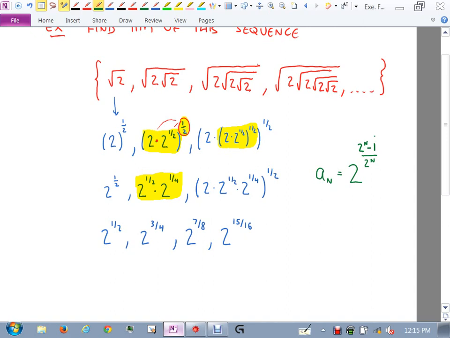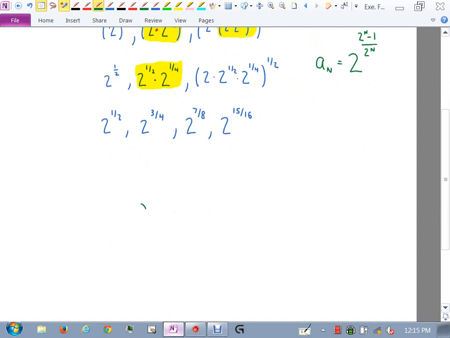Ooh, wow, this is weird, huh? That is the sequence right there. So I'll write it down below. A sub n is 2 raised to the 2 to the n minus 1 over 2 to the n.